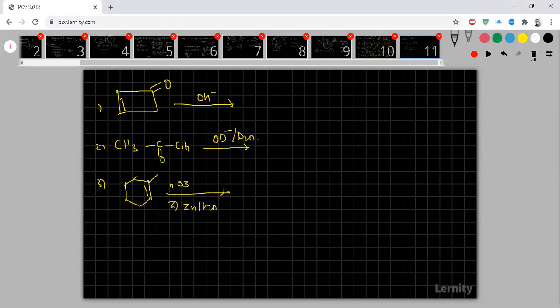So now let's discuss the first question. When we use OH minus, that means aldol condensation, we expect that hydrogen will be taken from here. So we may get it like this. This is what we expected. But the thing is, this is an anti-aromatic compound. See, 4 pi electrons are there.